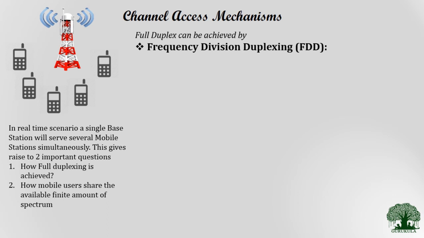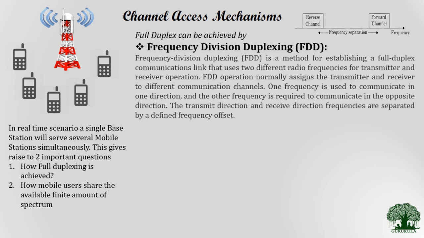As per the concepts of frequency division duplexing, the forward channel and the reverse channel are separated. Over here, the reverse channel is a simplex channel and the forward channel is again a simplex channel, and these two channels are separated by frequency, which means I will be allocating a separate frequency to act as a reverse channel, and a different set of frequencies to act as a forward channel, so that these two channels are separated by frequency.